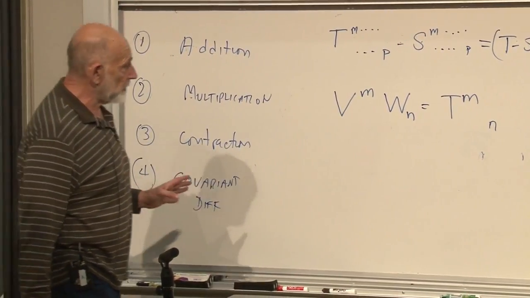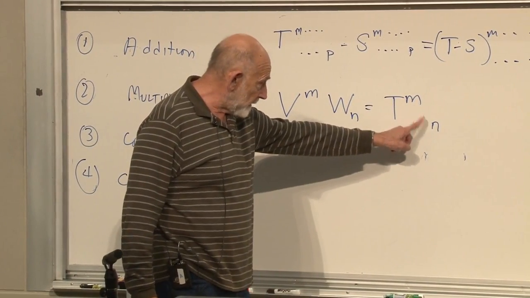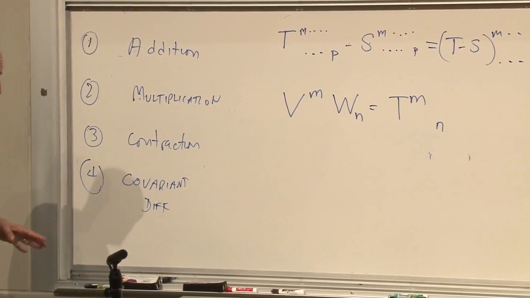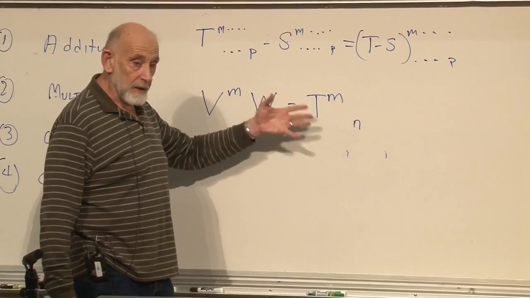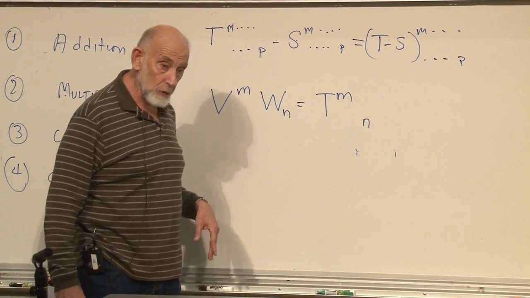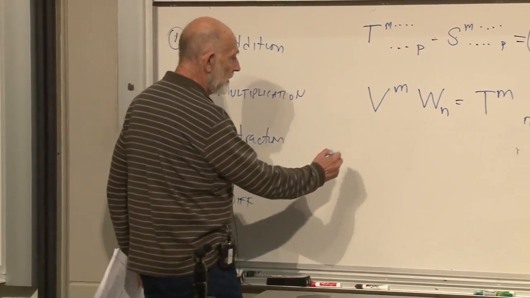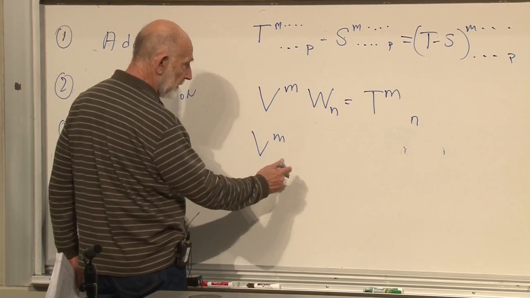This is a tensor with one covariant index and one contravariant index. It's a set of values. The set of values, one value of this thing for each m and n, define the components of a tensor with two indices.